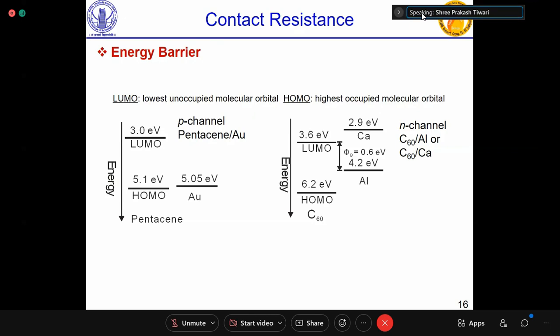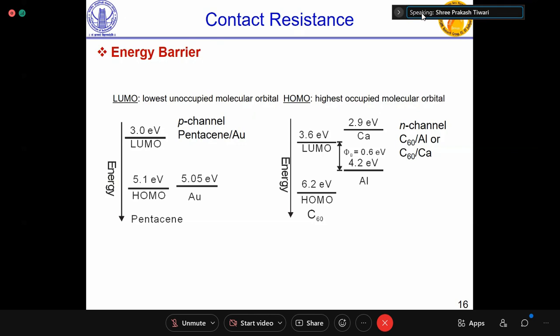For silicon and other semiconductors, we know that we are talking about conduction band and valence band. Whereas in organic semiconductors, since they are not crystalline, you have something called the lowest unoccupied molecular orbital, which is LUMO, and the highest occupied molecular orbital, which is HOMO.